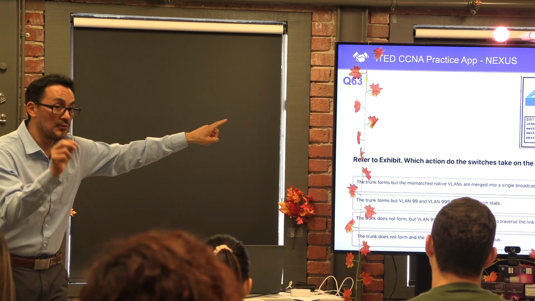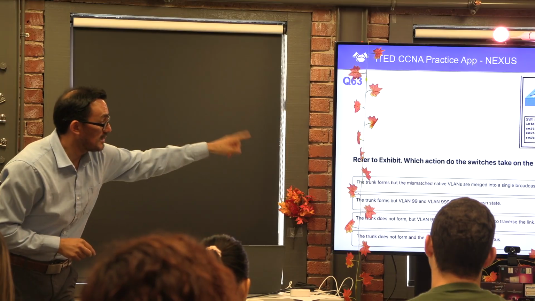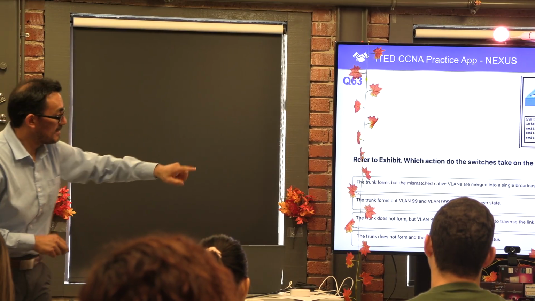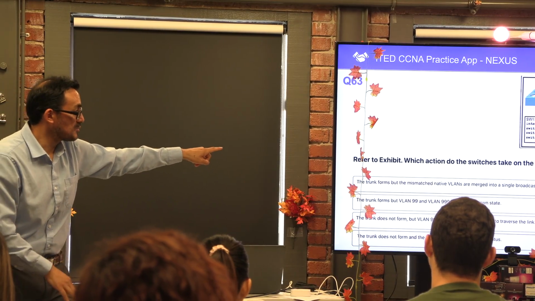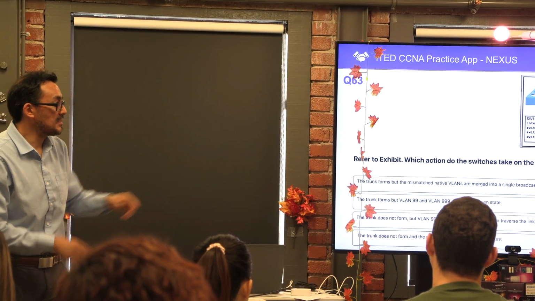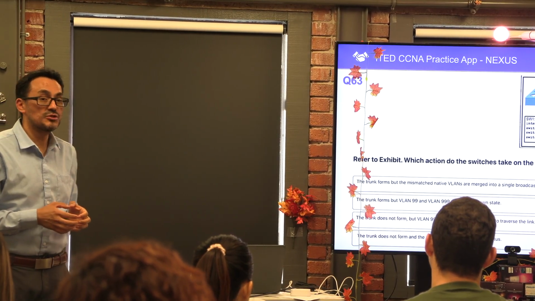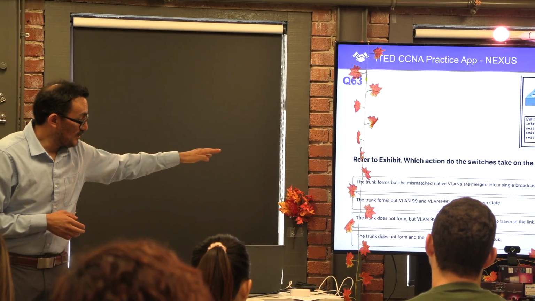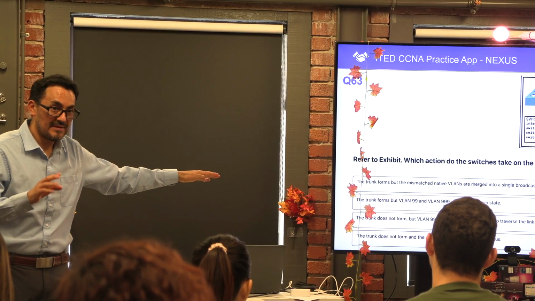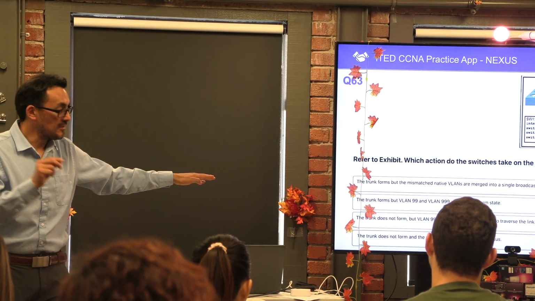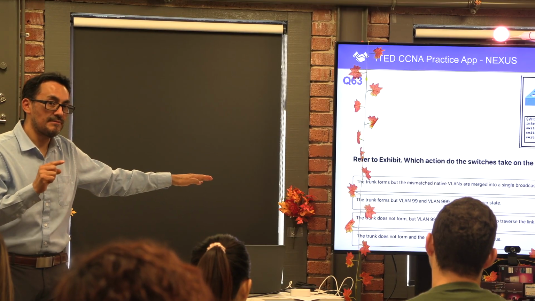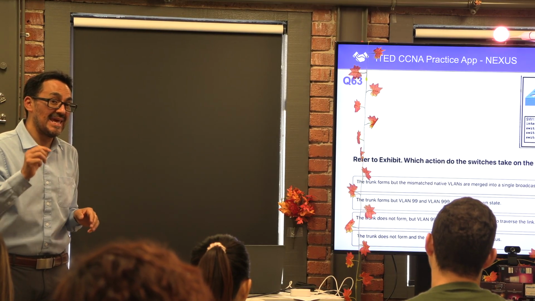Now, if you see the configuration of switch 1, you have that output. Switch 2, that output. The question for you is this: which action do the switches take on the trunk link? And you have 4 options. Just think about it. Those are the kinds of questions you have if you decide to take your CCNA exam.